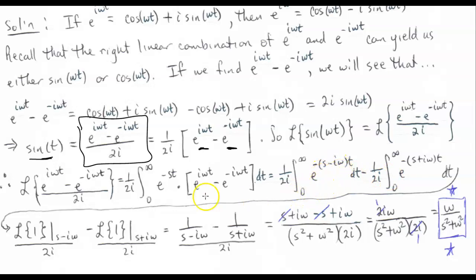Of course, for this first one, in general, we know that the Laplace transform of this is just basically going to be 1 over s minus i alpha. Laplace transform of this will be 1 over s minus negative i alpha, which is 1 plus alpha. Take all that divided by 2i. And then once we do the algebra and simplify all this, what we see is we still end up with the omega over s squared plus omega squared.